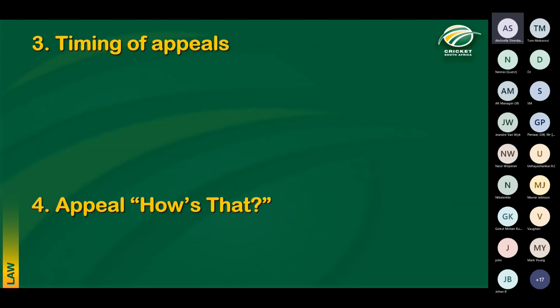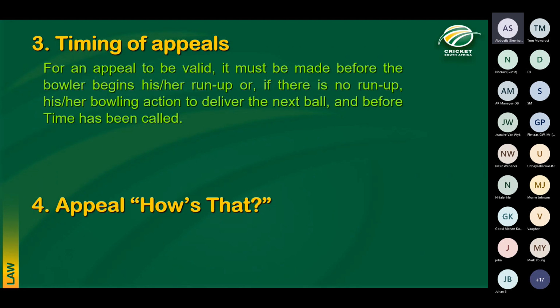Timing of appeals. Let's see what the law says. A late appeal is still valid. And again, it's highlighted in green, so there is an exam question on this. The law tells us that for an appeal to be valid, it must be made before the bowler begins his or her run-up, or if there's no run-up, bowling action for the next delivery, and before time has been called.